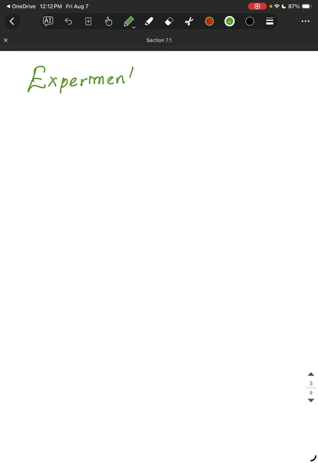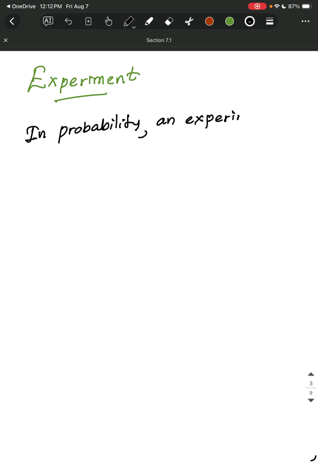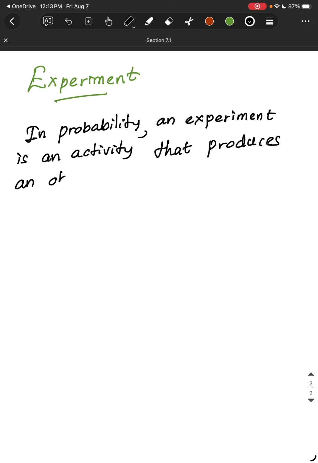So, in probability, an experiment is an activity that produces an observable result.